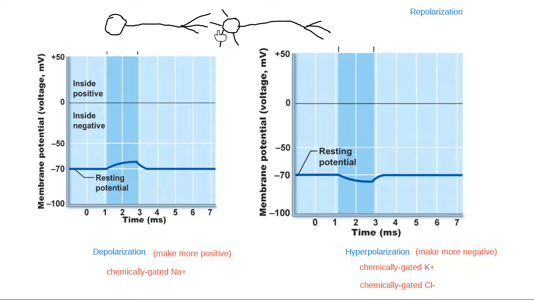Maybe instead, that neuron spits out a neurotransmitter that opens a chemically gated potassium channel. So I spit out a neurotransmitter, it comes over here and attaches to a chemically gated potassium channel.